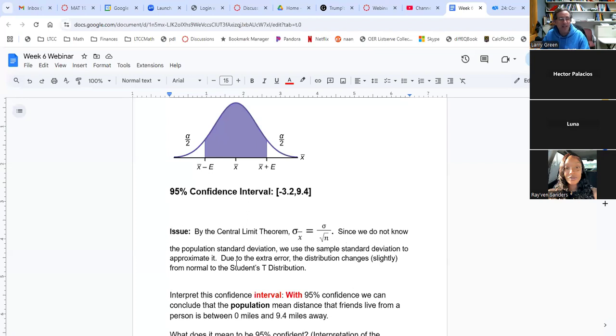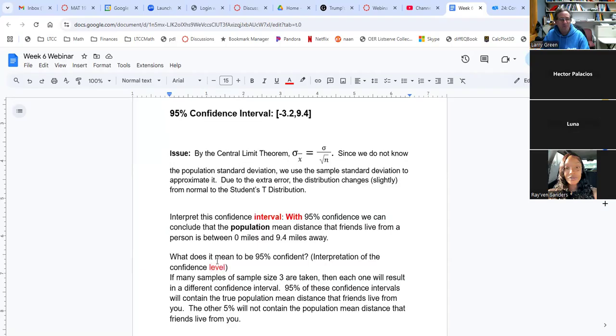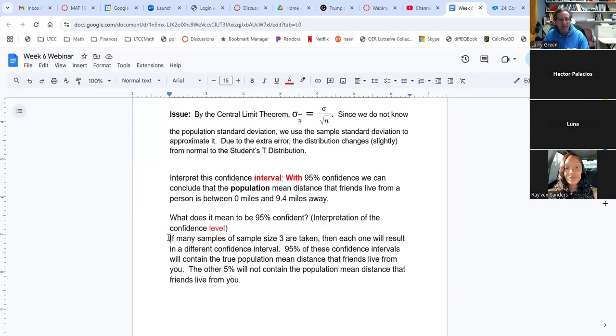So now let's write down how we interpret that. We say if many samples of sample size 3 are taken, because we have a sample size of 3, then each one will result in a different confidence interval.